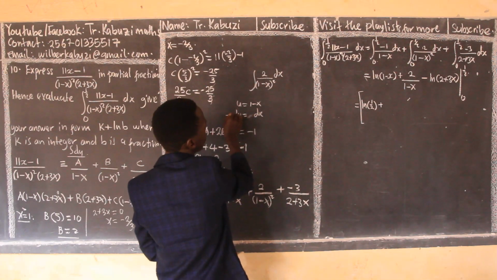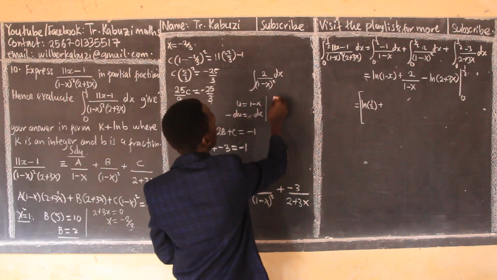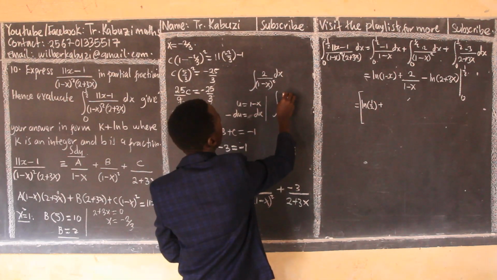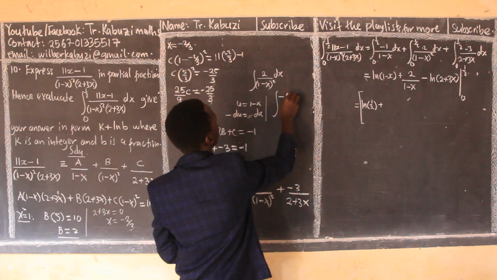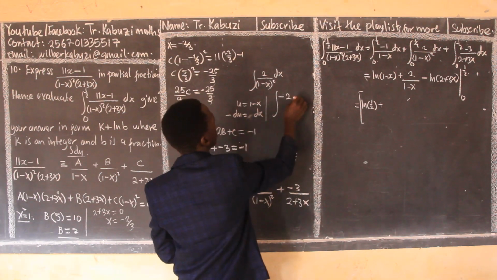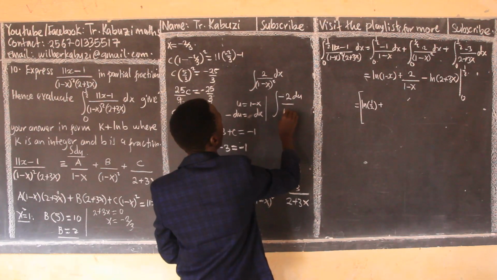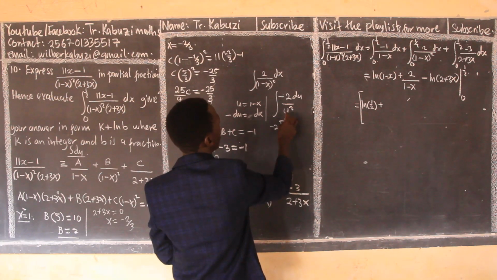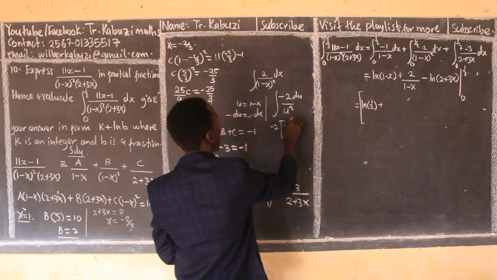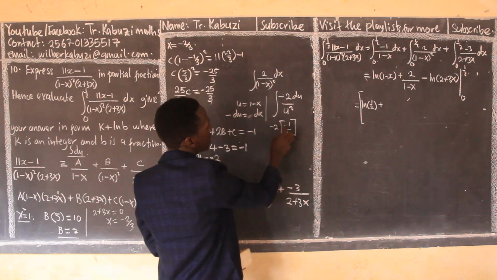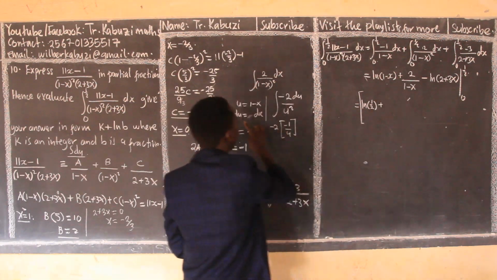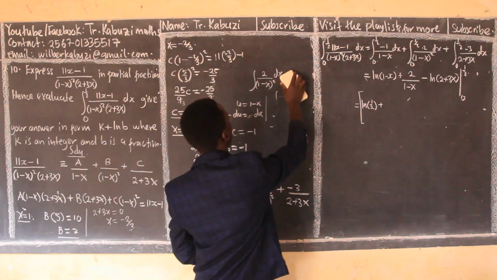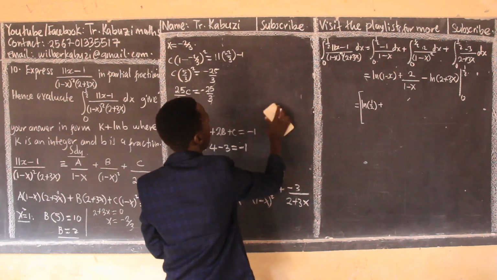Divide through by negative to get this. So I'll be having the integral of -2 du over u squared. When I integrate this, I get -1 over u. So this minus and minus give me that, and that u is that. So that's how we handle that in brief.